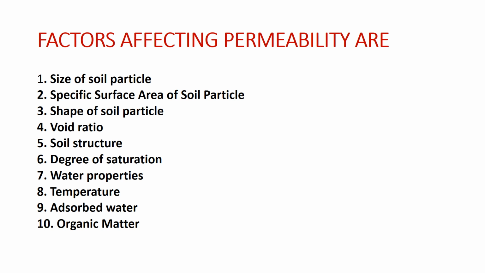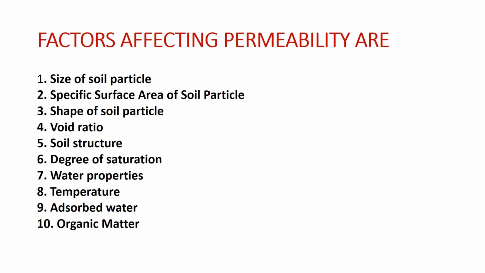So if we discuss factors affecting permeability, then there are 10 factors: size of soil particle, specific surface area of soil particle, shape of soil particle, void ratio, soil structure, degree of saturation, water properties, temperature, adsorbed water, and organic matter. You see many of these factors can be related to other factors.